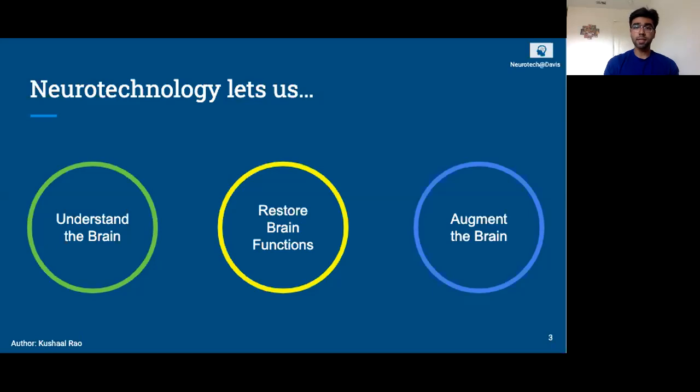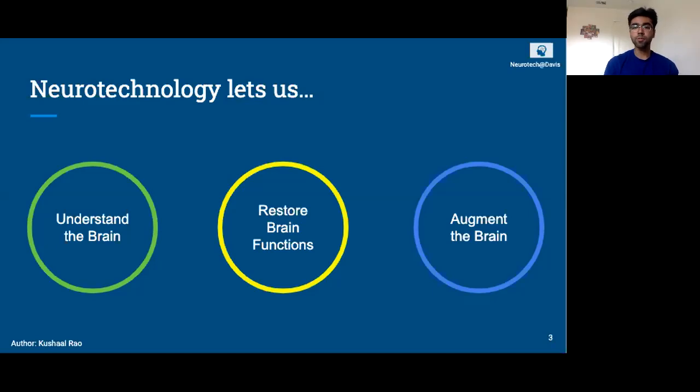These are tools and imaging techniques that we use to understand the brain, and they help us analyze the brain at multiple different levels. For example, EEGs analyze potentials and electrical signals in the brain, whereas MRIs and fMRIs analyze blood flow to certain regions.